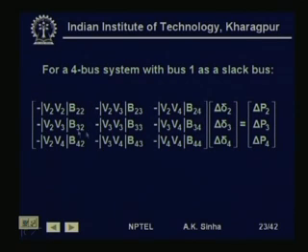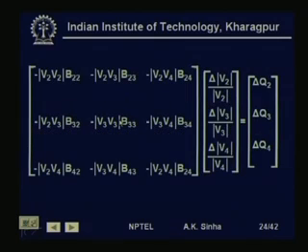These are the Jacobian matrix elements. Similarly, for the other expression, that is for L into delta V by V is equal to delta Q expression, we have got like this, which is V2 into V2 B22 and in this form.